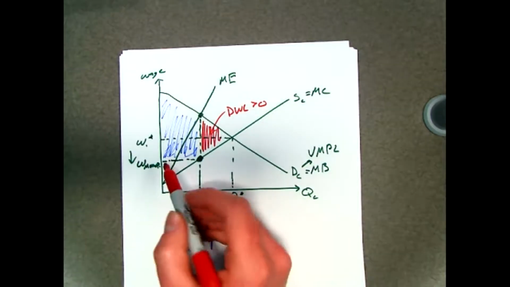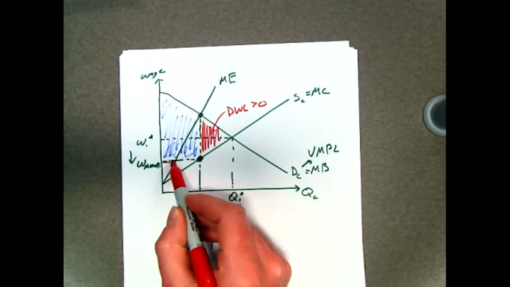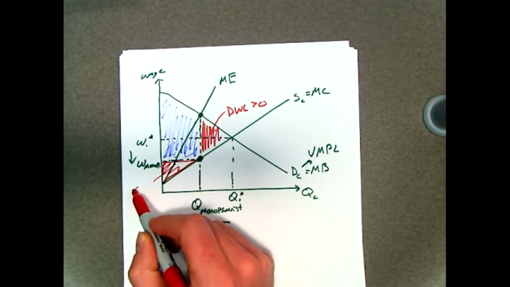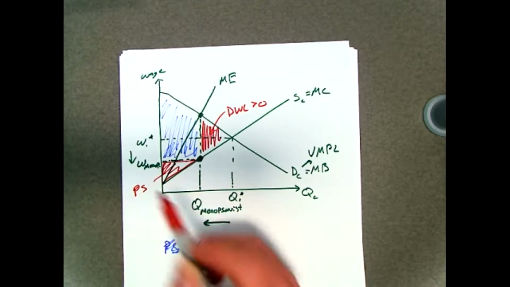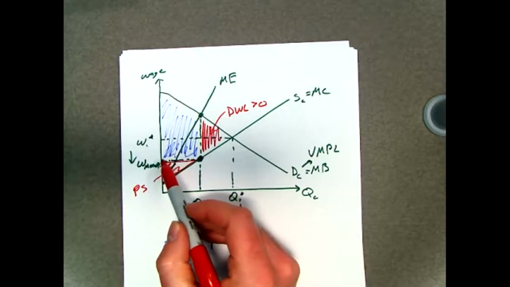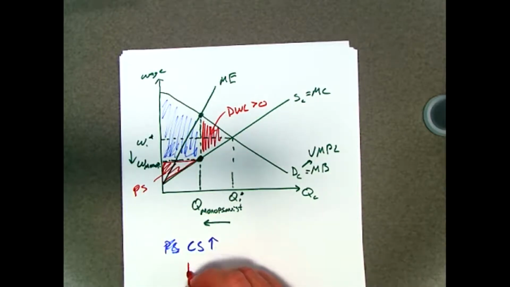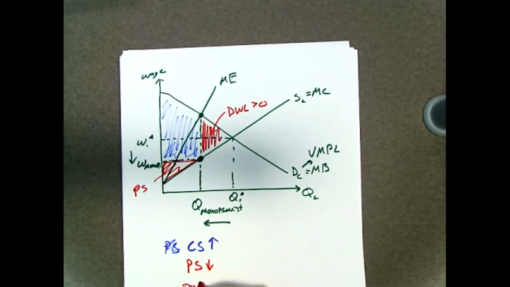But for the producer surplus, it's going to be the area under the price, but above the supply curve. So notice before, without monopsony power, it would have been this entire triangle. So we see producer surplus goes down, and we already said we have some positive amount of deadweight loss.